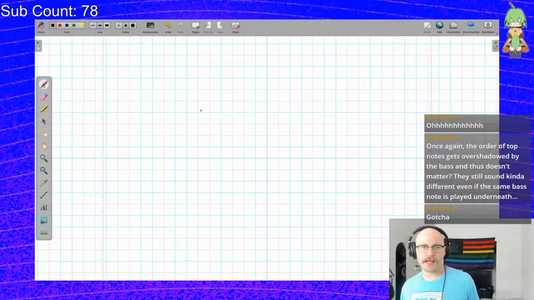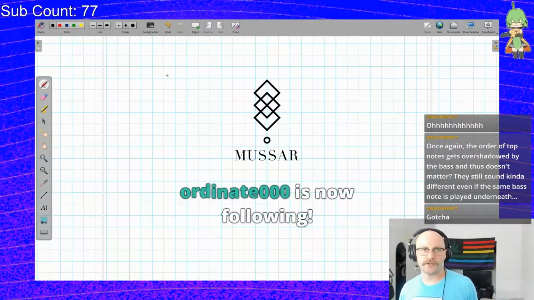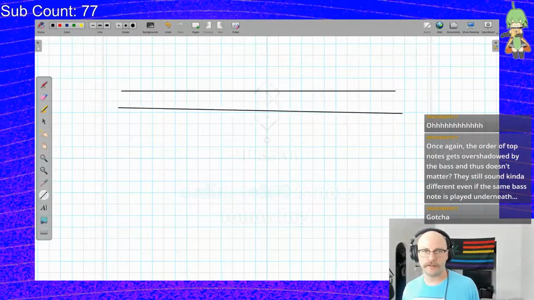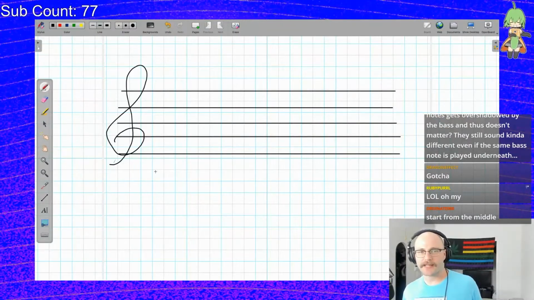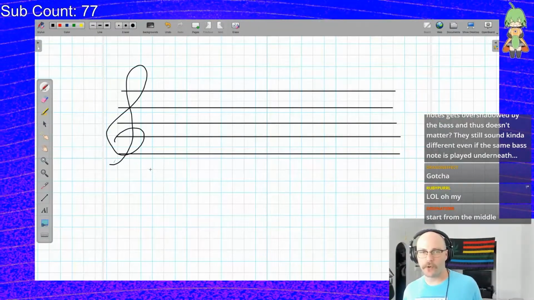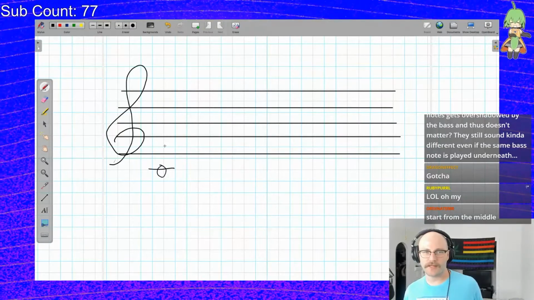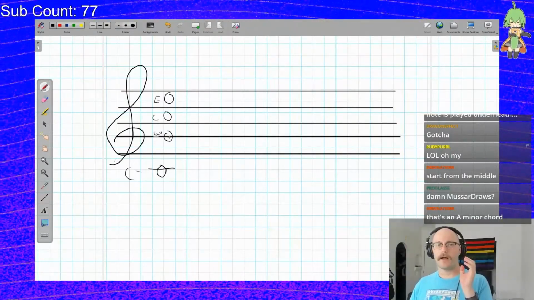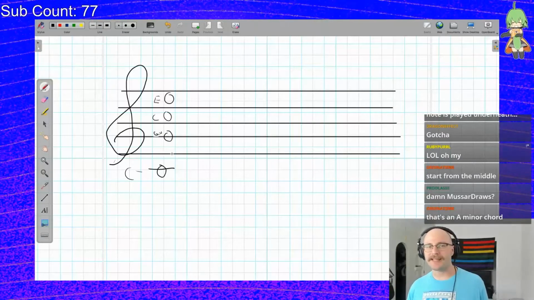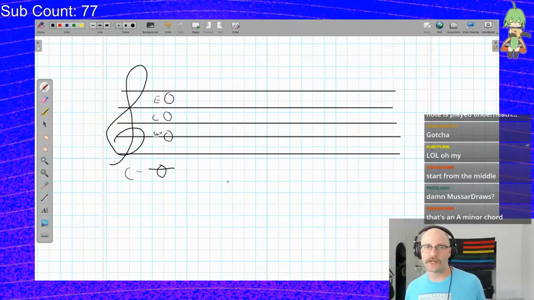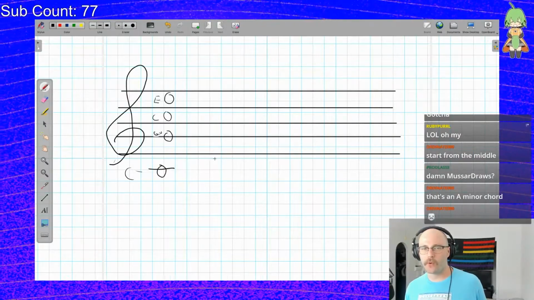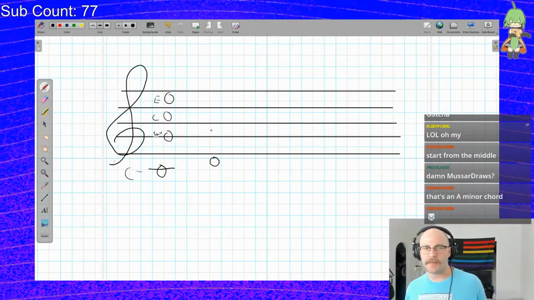If I have a chord, I'm going to just do some quick notation here. If I have a C major chord, which would look something like this, we look at the distance between these notes and then compare that to the same chord with the E in the bass.